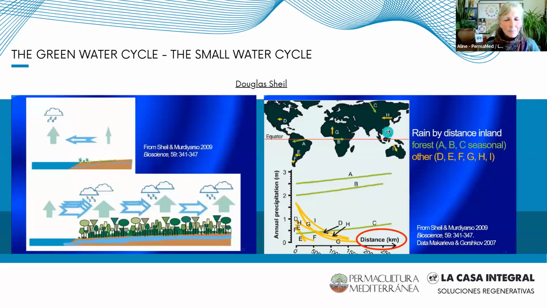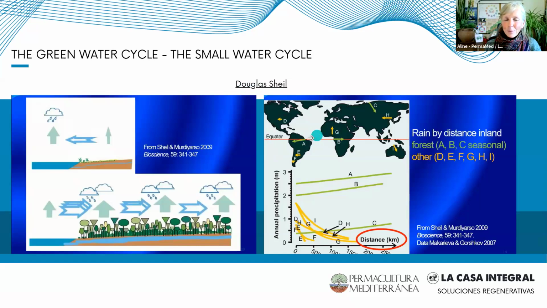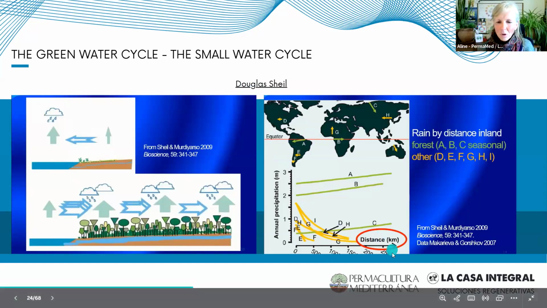But Douglas Sheil explains really well in this, when you get the presentation sent to you by Ruth Marie, you will be able to click on this as a link and go to the YouTube video where Douglas Sheil explains that in the rainforest, for example, these water pumps, these water rivers, go up to 2,500 kilometers into the continent.